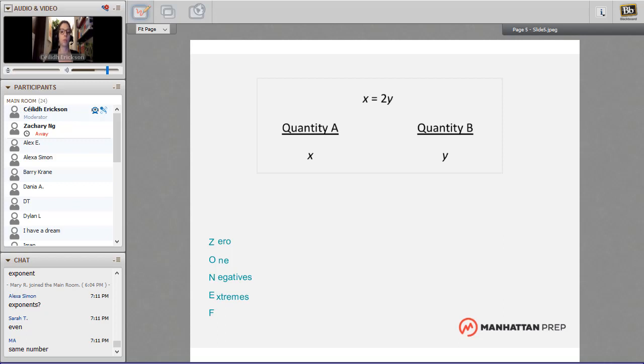You want to test what happens with really big numbers or really small numbers. Those might behave differently. And thinking in terms of things that might sometimes behave differently, what might F stand for? Fractions.